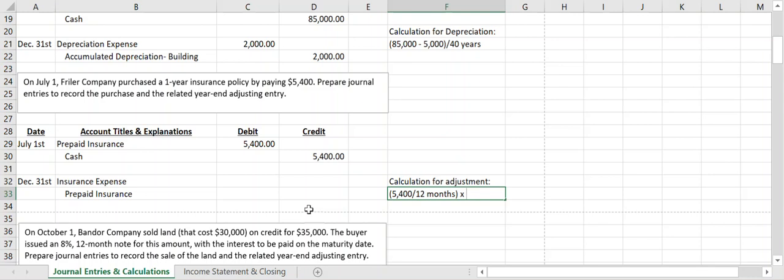So it's all of July through all of December. So July, August, September, October, November, and all of December means that we're going to record half of that 1 year, for those 6 months. So in total, we're going to record $2,700 in insurance expense and reduce our asset by that same value.